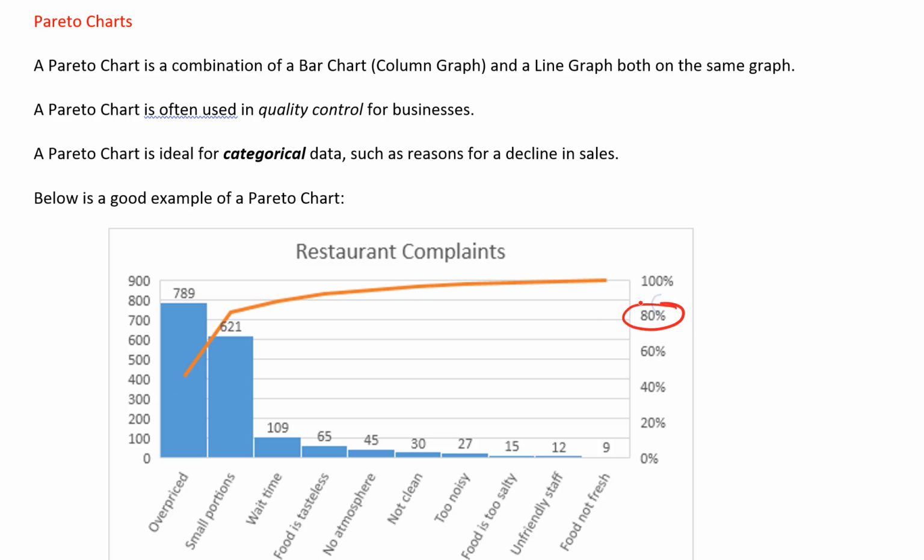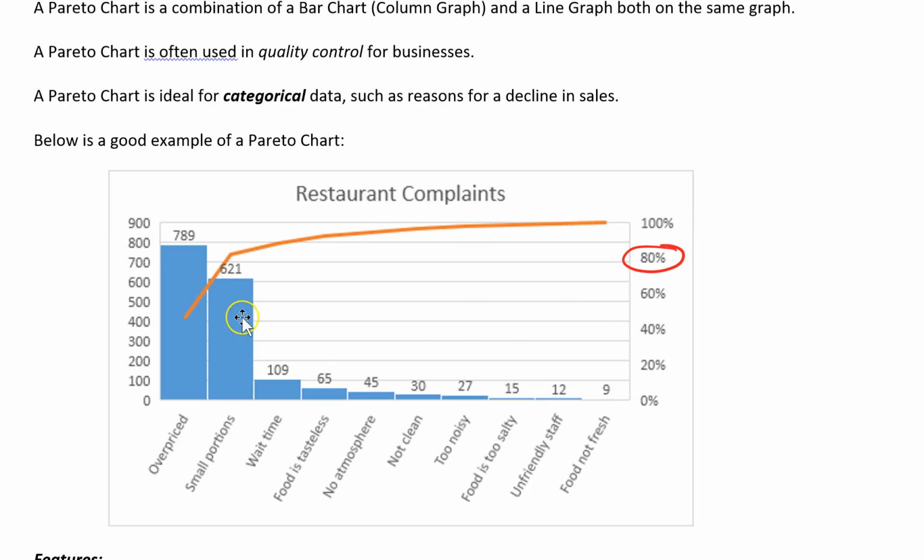Now, there is a concept called the Pareto concept, and it says that 80% of complaints are usually determined by 20% of the causes. So the two main causes are, out of 2, 4, 6, 8, 10, 2 out of 10 is exactly, converted to a percentage, 20%.